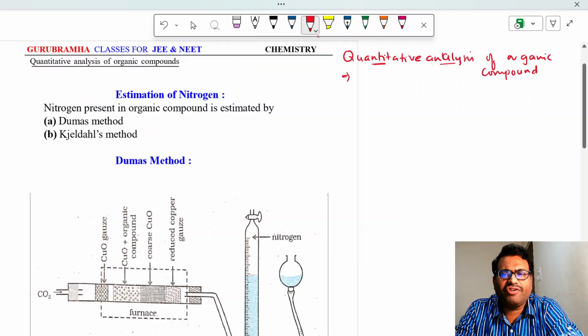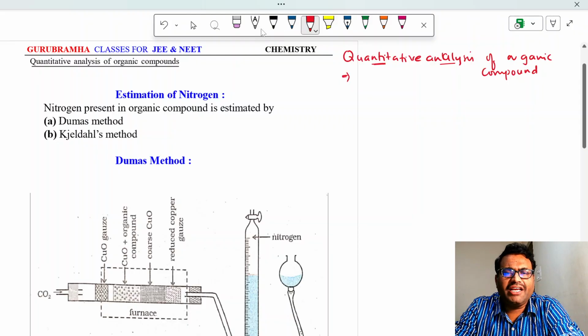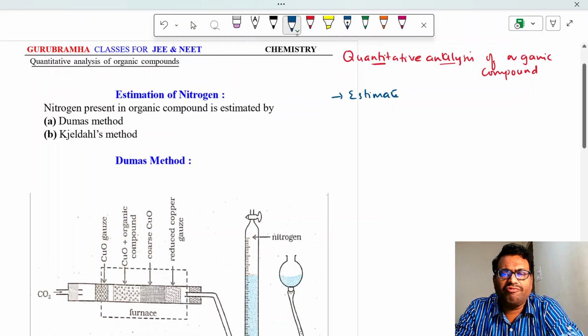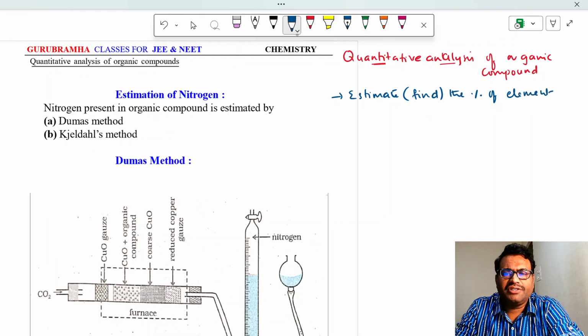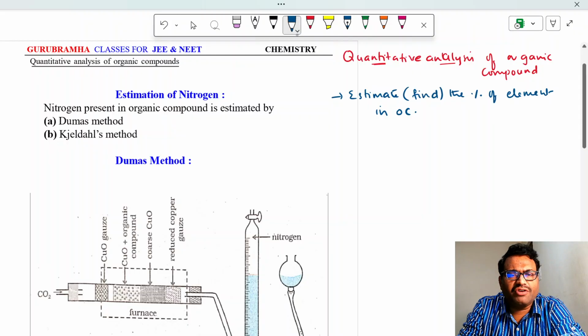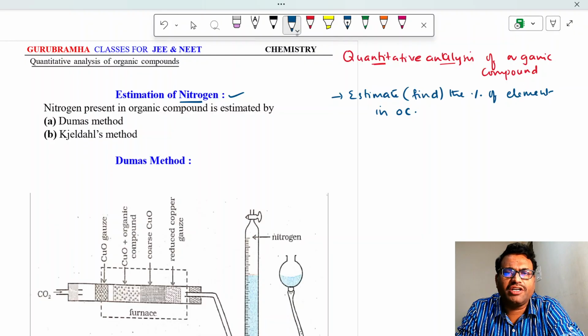In quantitative analysis of organic compound, we estimate the percentage of element, or we find the percentage of element in organic compound. Here in this session we are going to estimate nitrogen. How much amount of nitrogen is present in the organic compound, or what is the percentage of nitrogen present in organic compound?